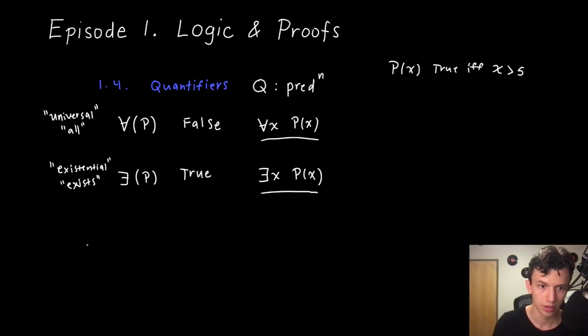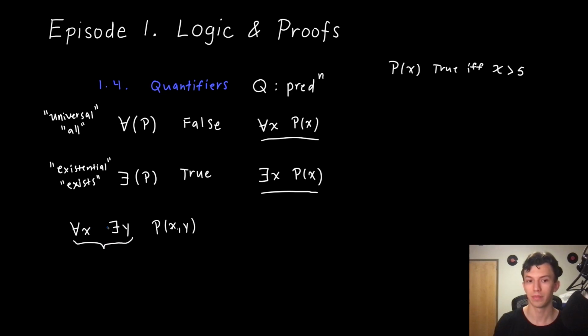Now what about other quantifiers? Well, we don't really see the symbols for other quantifiers, but when we have longer statements, like for all x, there exists a y such that P of x comma y is true, a statement like this has one quantifier here. Because this is quantifying some variables, and then it's taking this predicate as its input, and then the whole thing is a proposition.